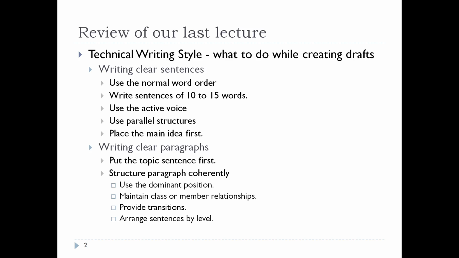Sentences with parallel structure can be long, but they are usually clear. So this is not a very hard and fast rule. You can bend this rule a little bit in some cases, but nevertheless, as a general rule, remember you should neither have very short sentences nor very long sentences.